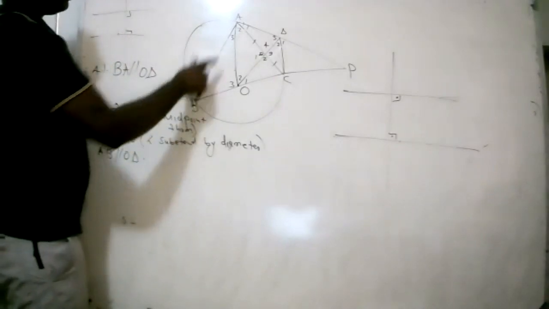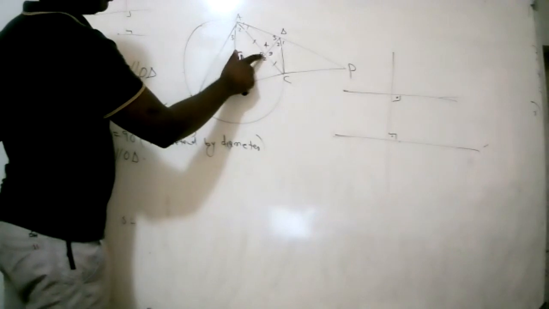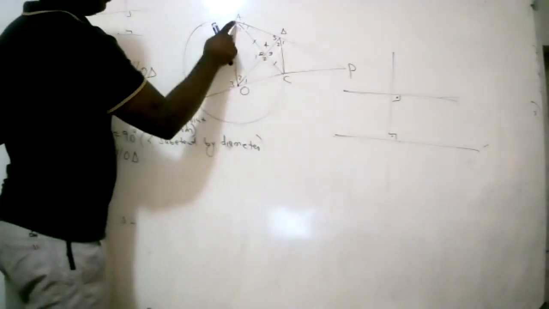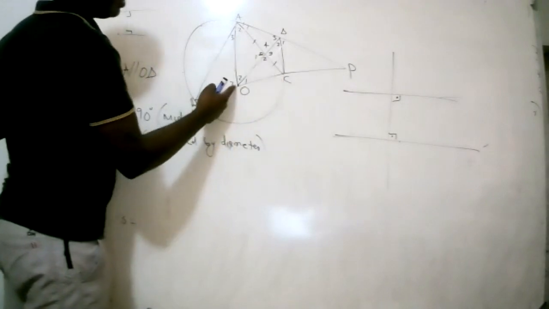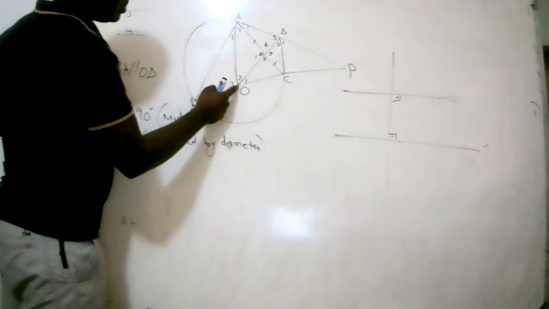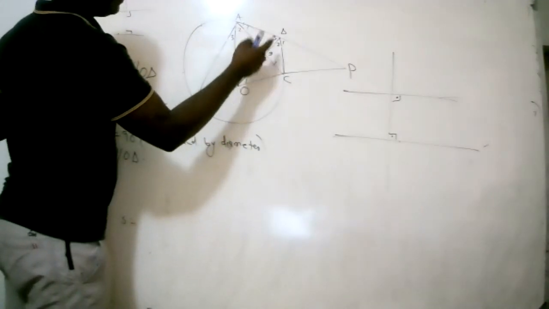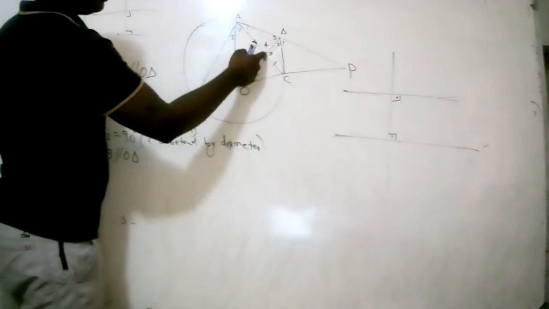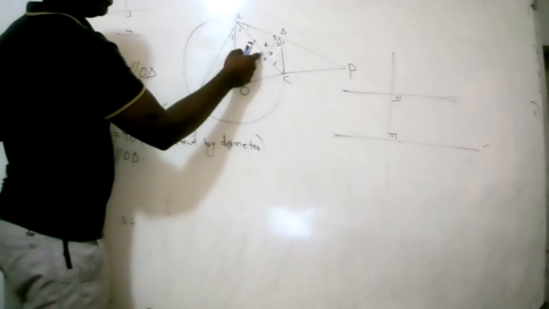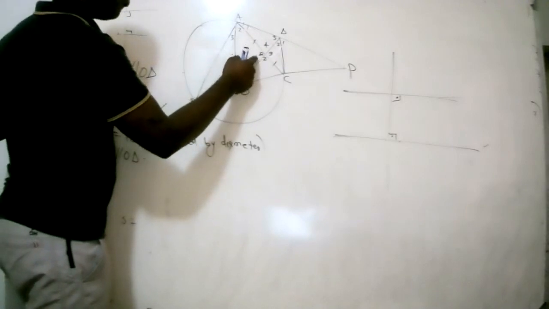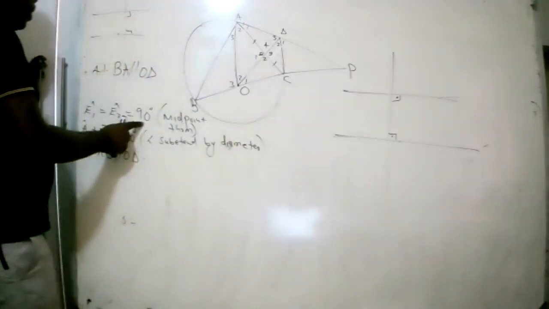The midpoint theorem comes from the fact that AE is equal to EC. If AE is equal to EC, that means the line which goes from the center is cutting exactly at the midpoint. Once it's cutting at the midpoint, angle E1 is equal to E2, and they must be equal to 90 degrees.